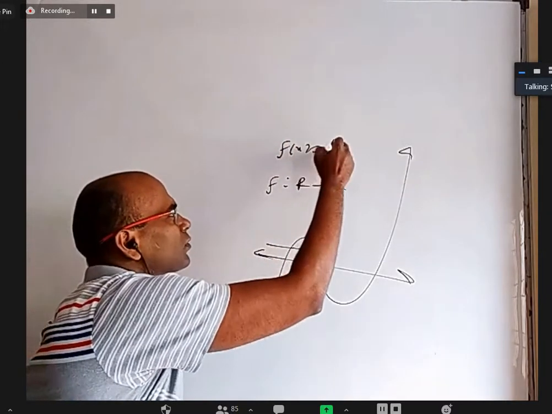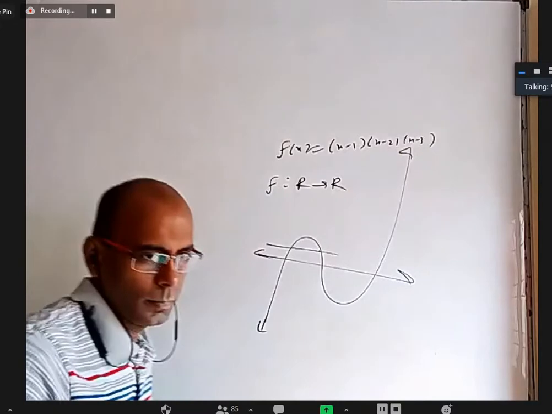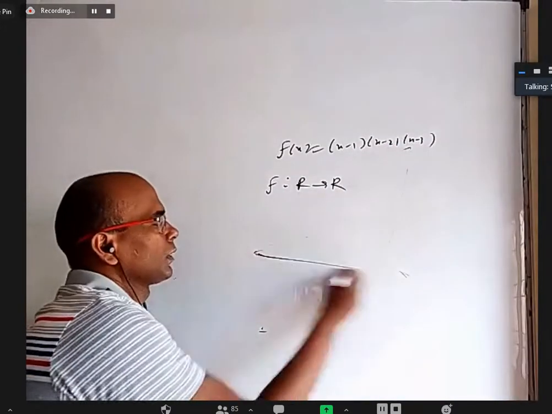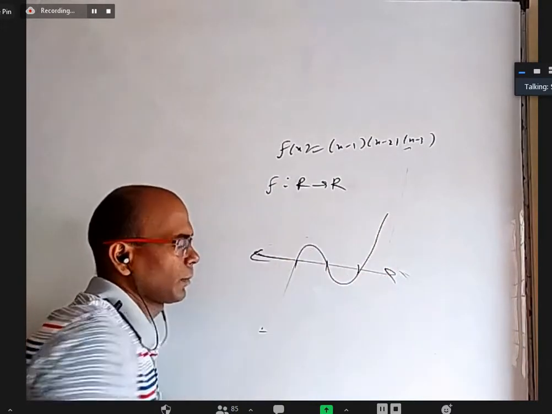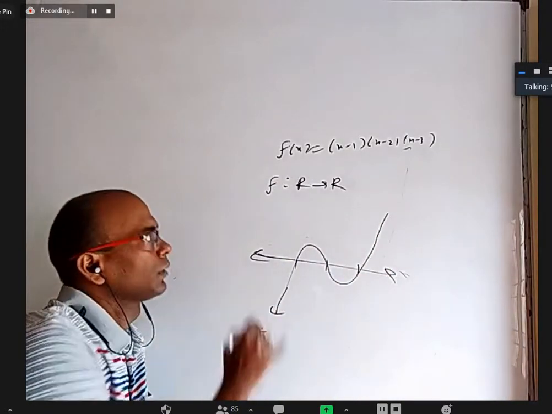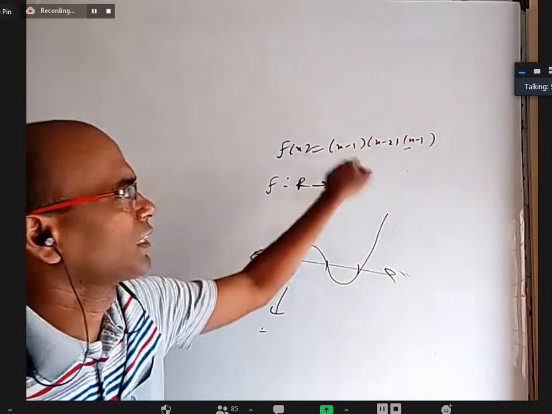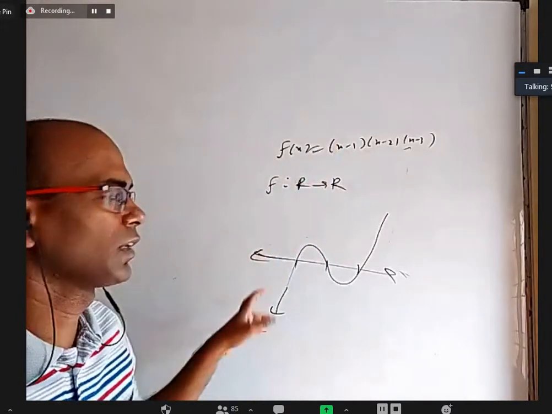You write f of x equals (x minus 1)(x minus 2)(x minus 3), some polynomial. Then the graph will have roots at 1, 2, 3 like this. When I take x as 1 crore, 10,000 crores, this will practically tend to infinity. When I take x as minus 1 crore, minus 10,000 crores, it will go to minus infinity.